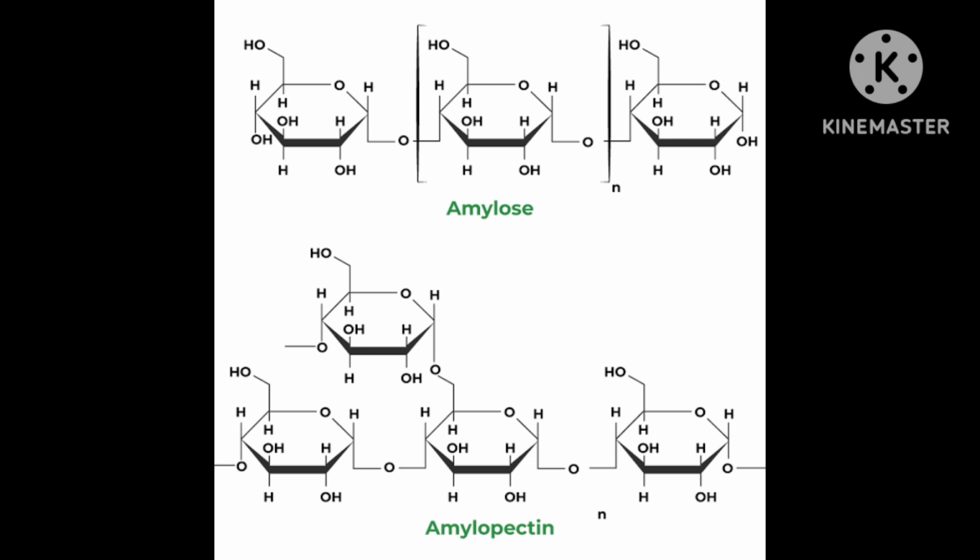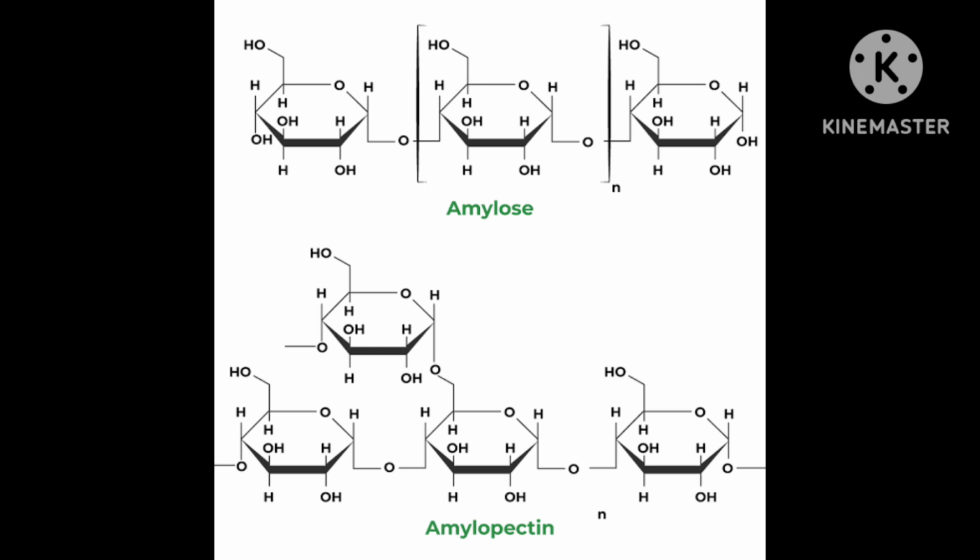That carbon is the 6th carbon. Then from that carbon and the first carbon of glucose, both will join. Correct? Then on the first carbon, H and OH is there in glucose.